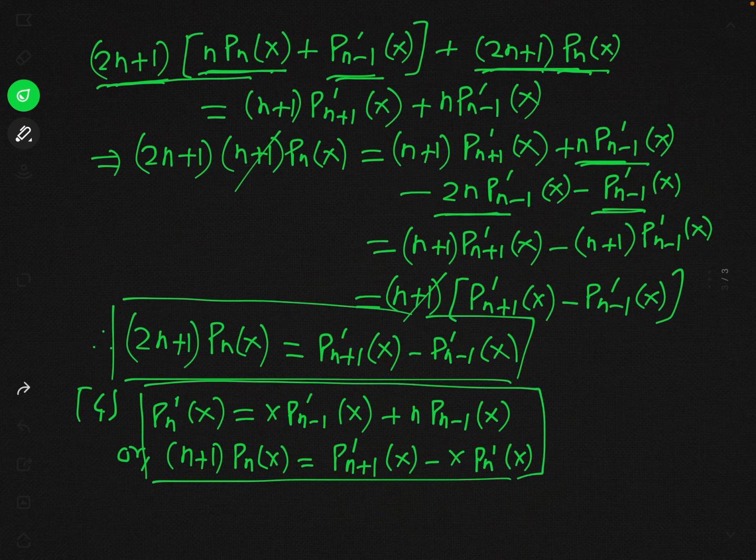So to prove this recurrence formula, we will start with the third recurrence formula, which we have just obtained here. You can see we have obtained the third recurrence formula in this equation. So this will be our starting equation, and starting with this third recurrence formula, we can arrive at this result which has been defined in this fourth recurrence formula.